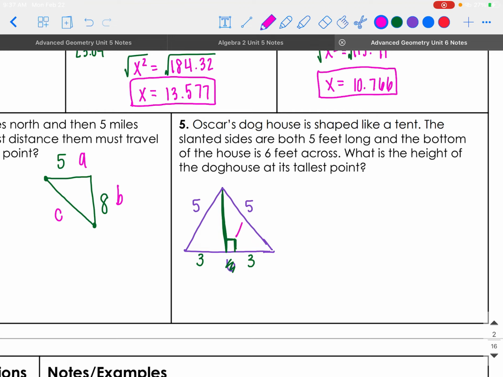So if we label this one C, then we have A and B. So x squared plus 3 squared equals 5 squared. x squared plus 9 equals 25. Subtracting 9 gives us x squared equals 16. And then if we take the square root, we get 4 feet.